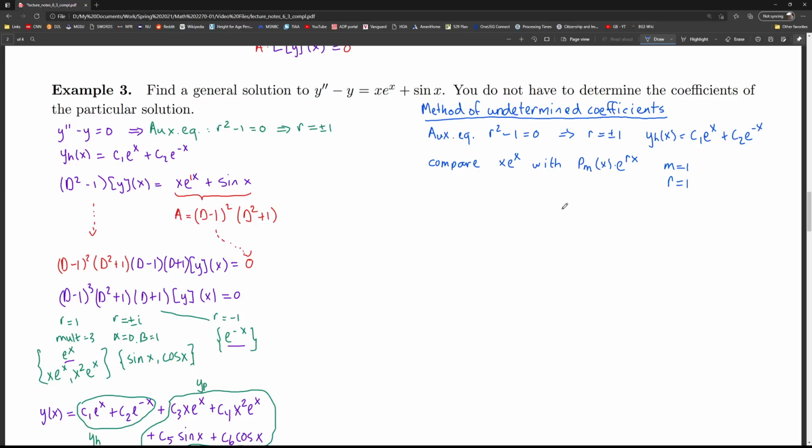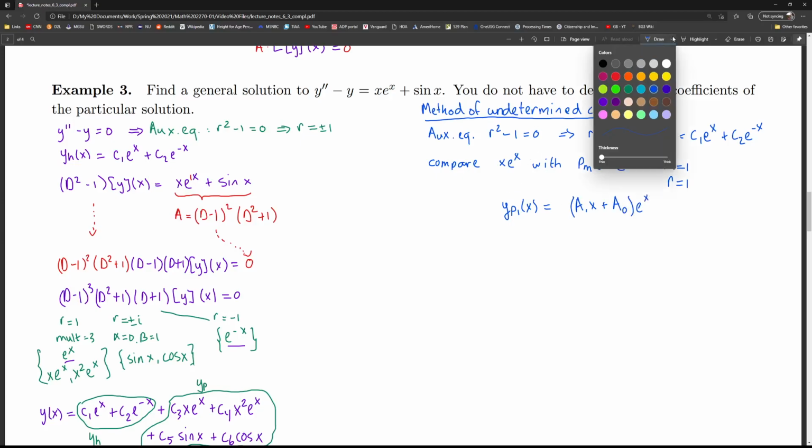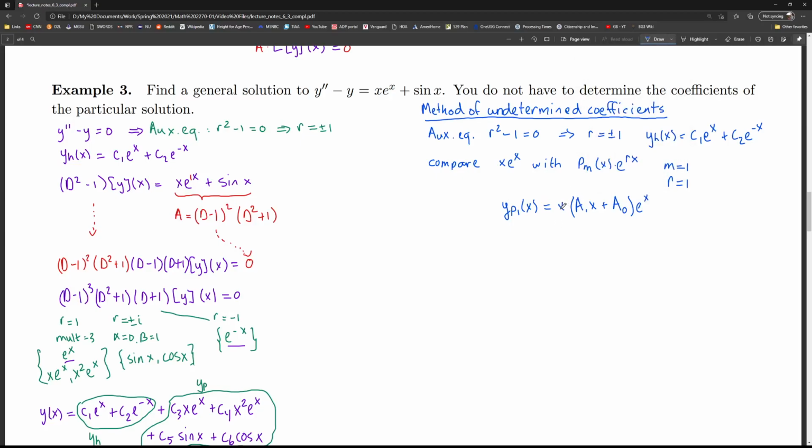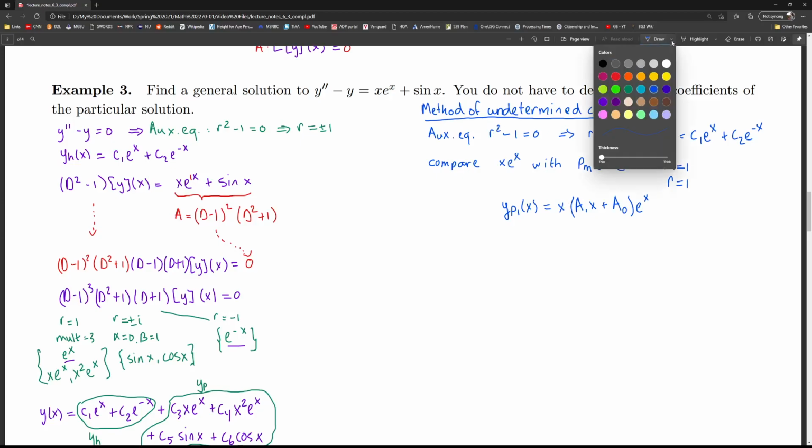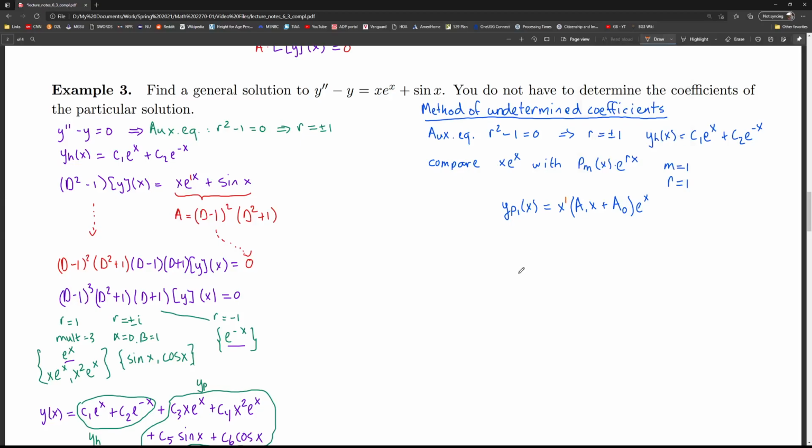So that would mean that our particular solution for that first part, yp1 of x, is given by a polynomial of degree 1, so that's a1 x plus a naught, times e to the power x, and then because the root is part of the auxiliary equation, we would have to multiply that by x to the power 1.